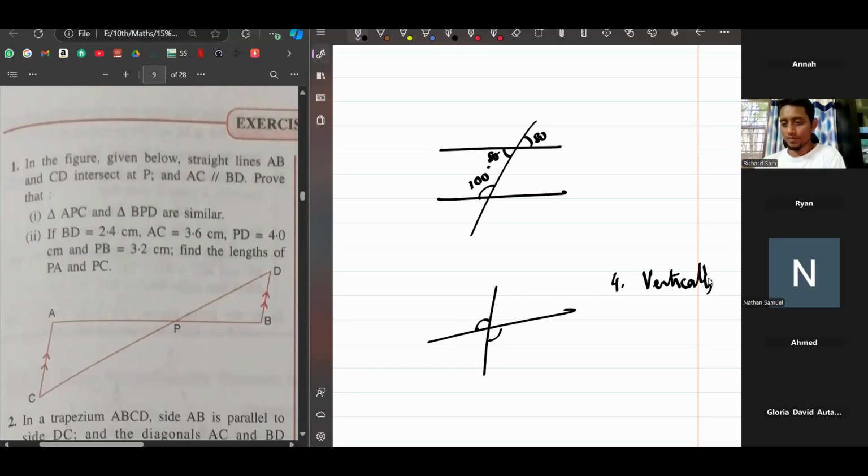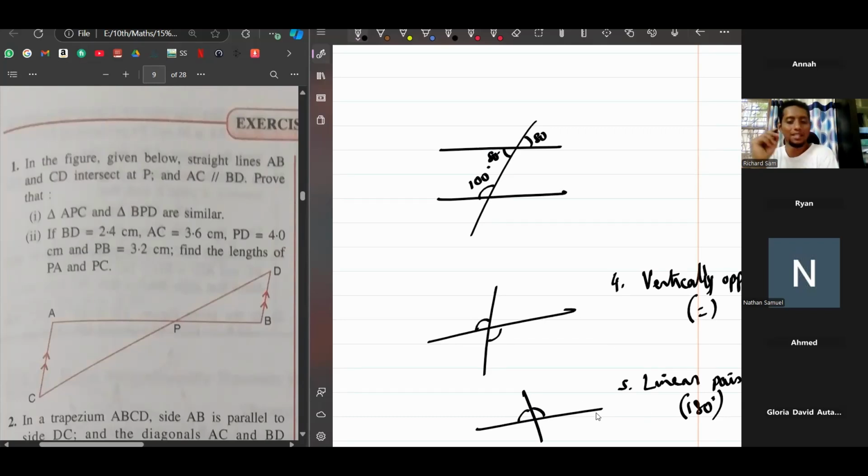Vertically opposite angles will always be equal, and then you also have this. What are these two? Linear pair. Linear pair is supplementary. Okay, so write down these two properties also, fourth and fifth, vertically opposite and linear pair.